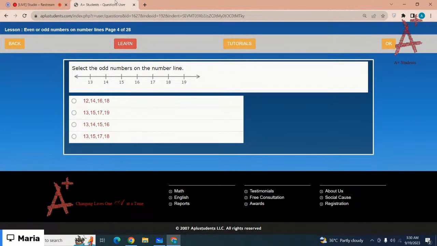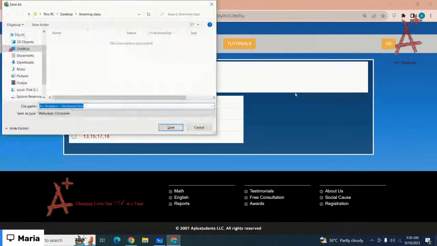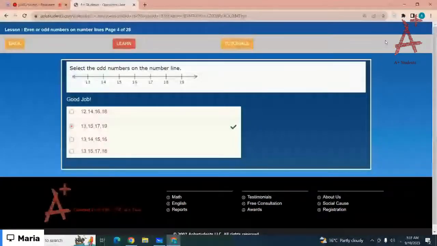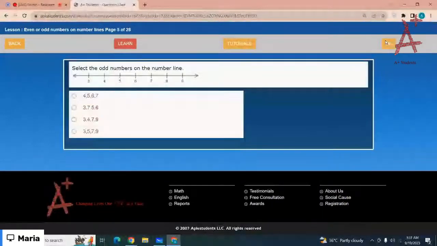The correct option is, yes, the second one: 13, 15, 17, and 19. Which is the correct option?